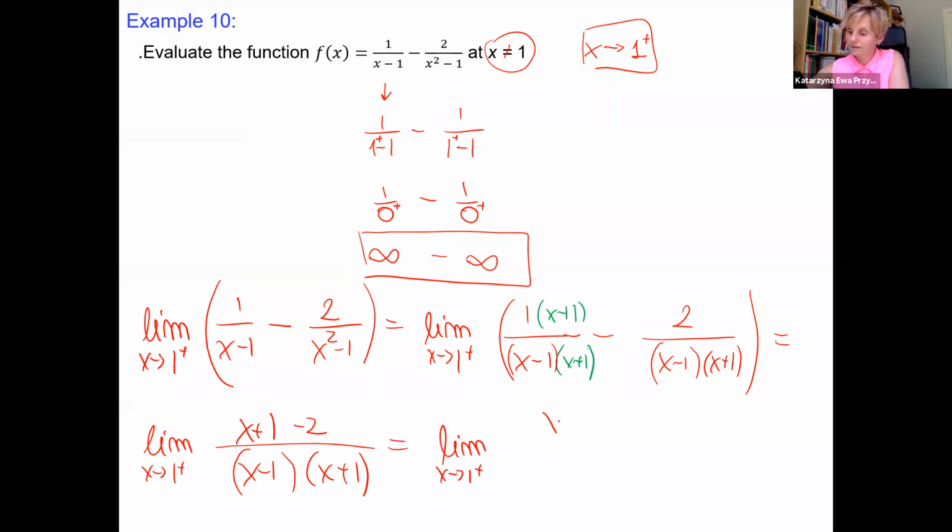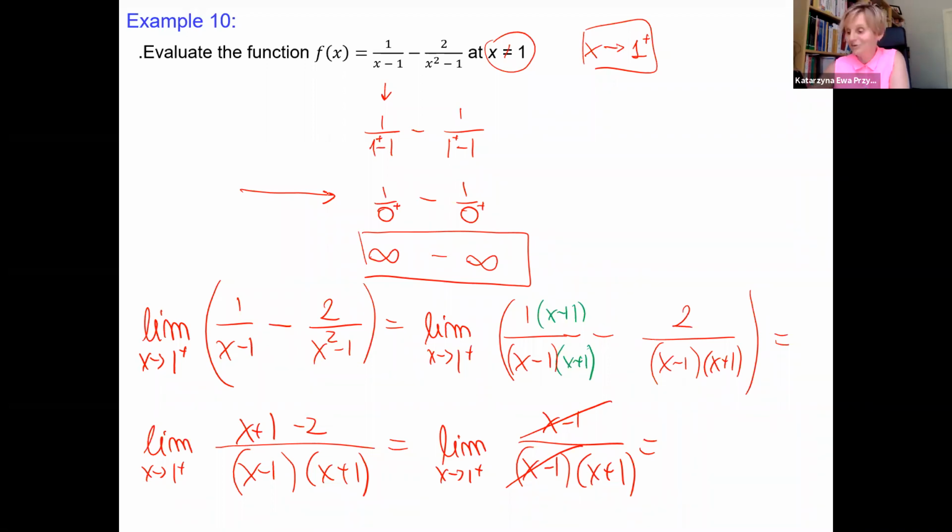It looks like we have x minus 1 in the numerator and x minus 1, x plus 1 in the denominator. We see the common factor, because that's the 0 in the denominator that was a problem. It wasn't 0 over 0, but still 0 in the denominator is a problem, which we can deal with. The common factor is gone.